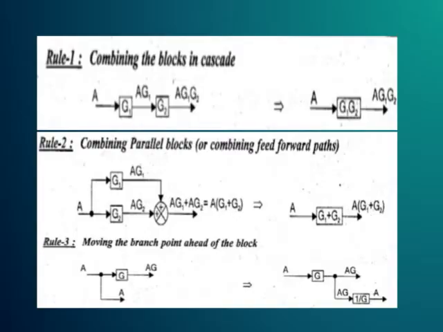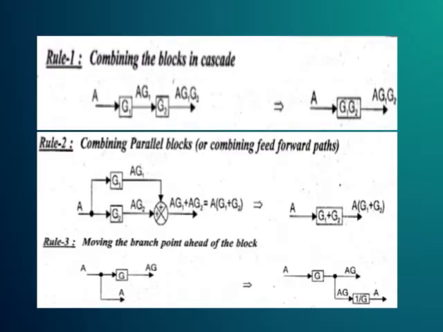If we take A as the input, then A G1, then G2 is nothing but A G1 G2. If you take the product G1 G2 and reduce the two blocks to one block as the product of G1 G2, it is also nothing but A G1 G2.